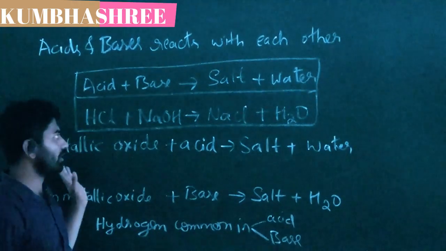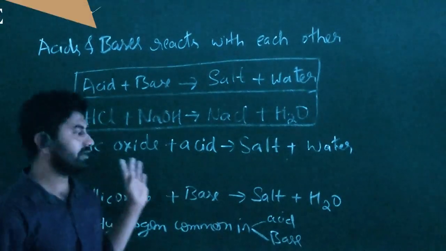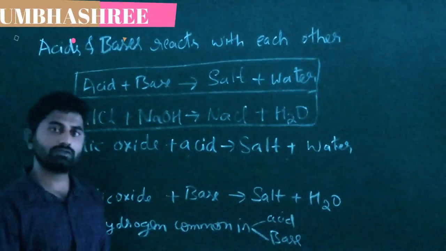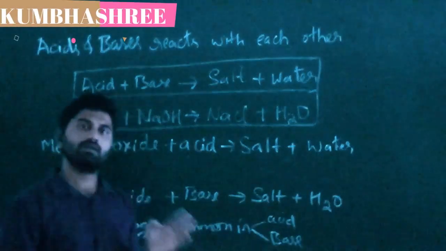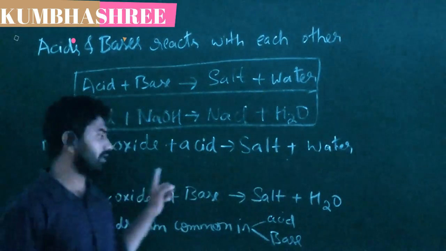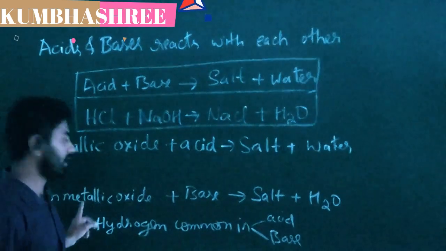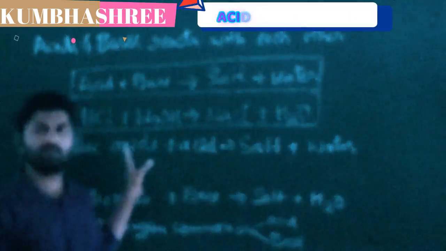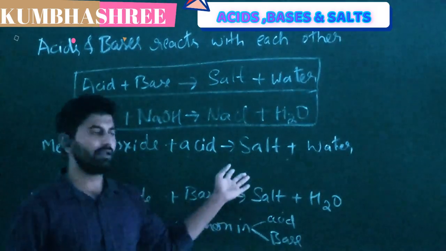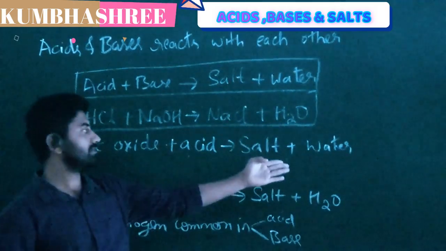Next one is what will happen when a metallic oxide reacts with an acid, or a non-metal oxide reacts with a base. The product will be salt and water in both equations. You can take sodium hydroxide as a metallic oxide reacting with HCl, so you get NaCl plus water.